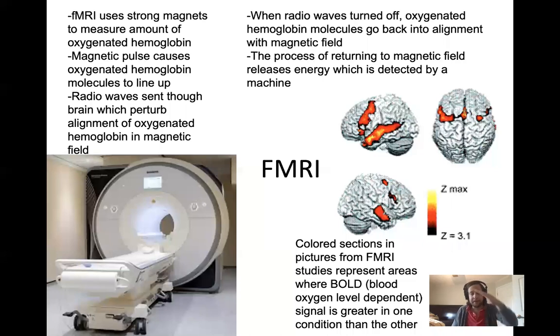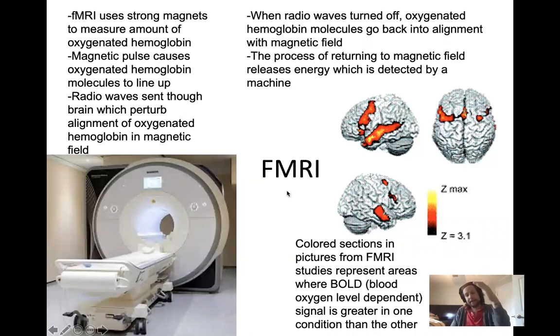The oxygenated hemoglobin was lined up, but then the radio wave is sent to perturb the line. And so there'll be a temporary disalignment of the oxygenated hemoglobin as a result of this radio wave. But then the radio wave is turned off, and this causes things to line back up again.